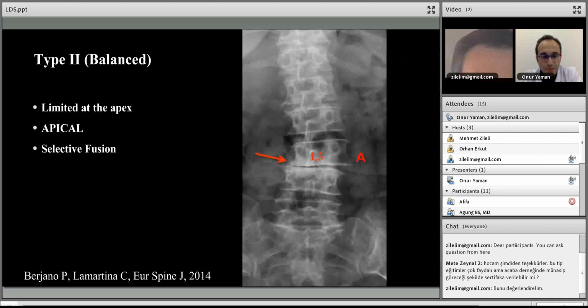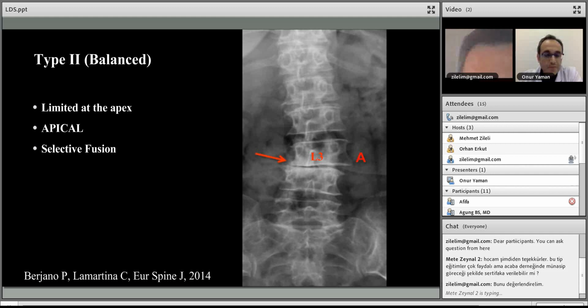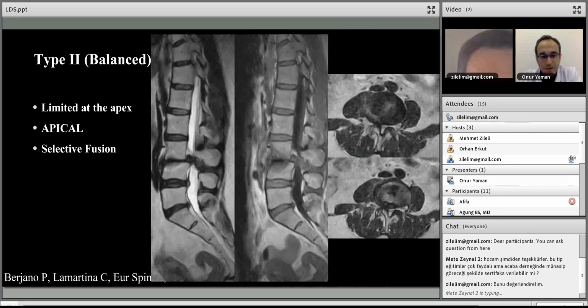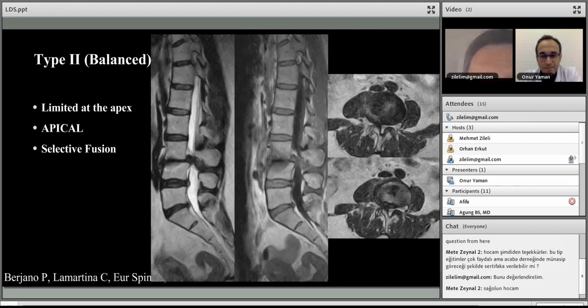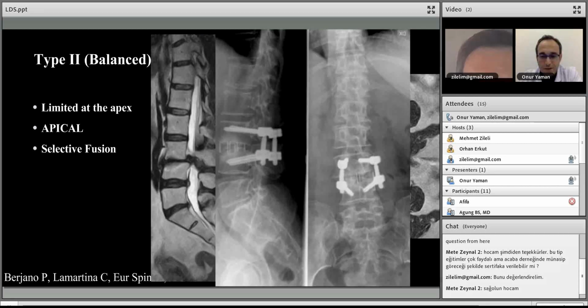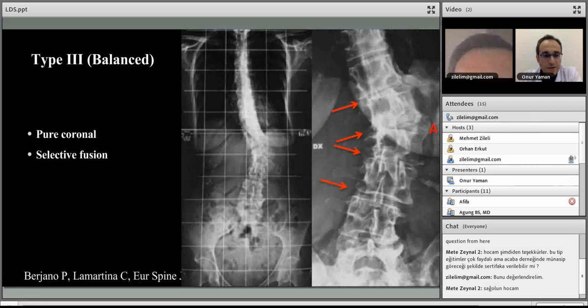In type 2, if a patient has a limited area at the apex here, you have to operate at the apical level and fuse that segment, like in this case. And if the patient has a pure coronal lumbar degenerative scoliosis, you only have to operate at selective levels.